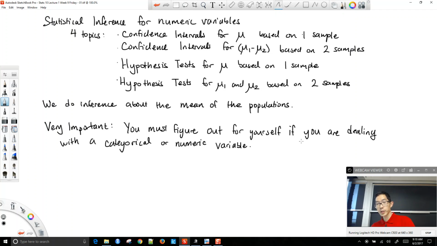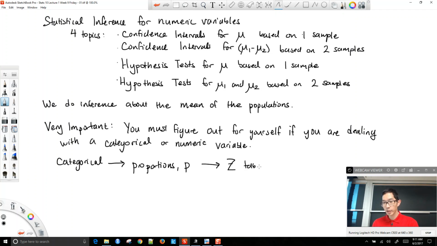And so this goes back all the way to our first week of class when we talked about what's a categorical variable, what's a numeric variable. Categorical means you are dealing with proportions, P, and you will use the z-table.